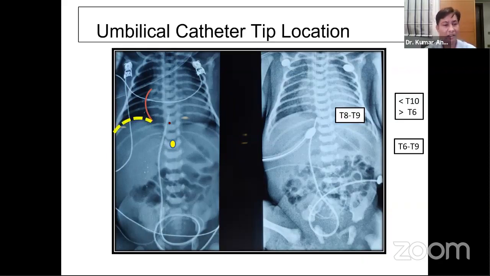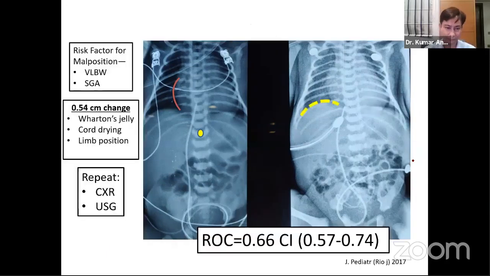So either look at the right heart border, diaphragm, or T8 level. If the umbilical venous catheter tip is here, that means it is in the right position. It should be targeted between T8 and T9, never more than 10 and never less than 6. An umbilical arterial catheter should target between T6 and T9.